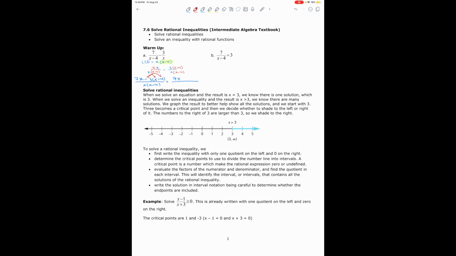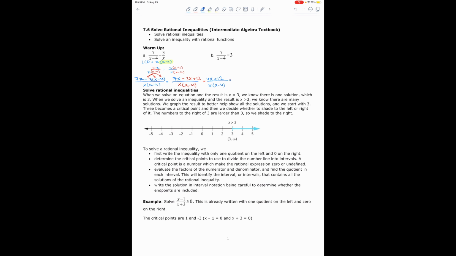So we have negative 3x, and minus times minus is positive, so positive 12 over x times x minus 4. So this simplifies to 7x minus 3x is 4x plus 12 over x times x minus 4.